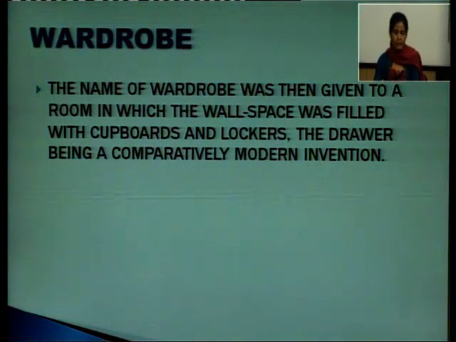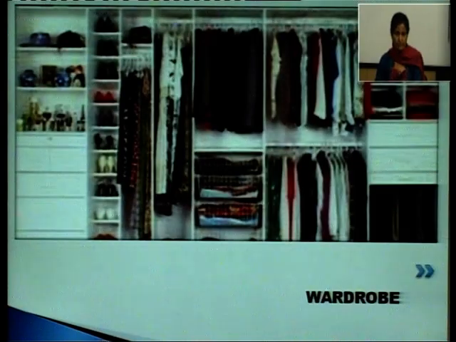The main difference between wardrobe and a cupboard is that cupboard is used for stacking anything, books, utensils, linen, medicines, or whatever reason, whatever function they perform, while the wardrobe is used for storing the linens only or the fabric of their use.